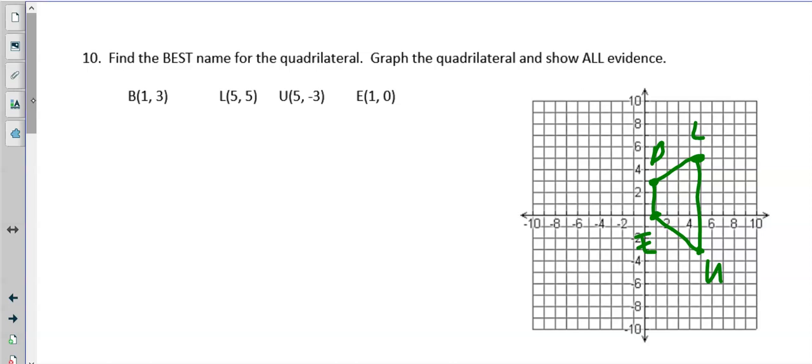So first off, to prove it's a trapezoid, we need to prove that two sides are parallel. I'm going to look at BE, and that's a vertical line, and LU is a vertical line. So right off the bat, there's no math there. We know these are parallel. And we can do the slope on BL real quickly, and that's going to be up 1, 2, right 1, 2, 3, 4.